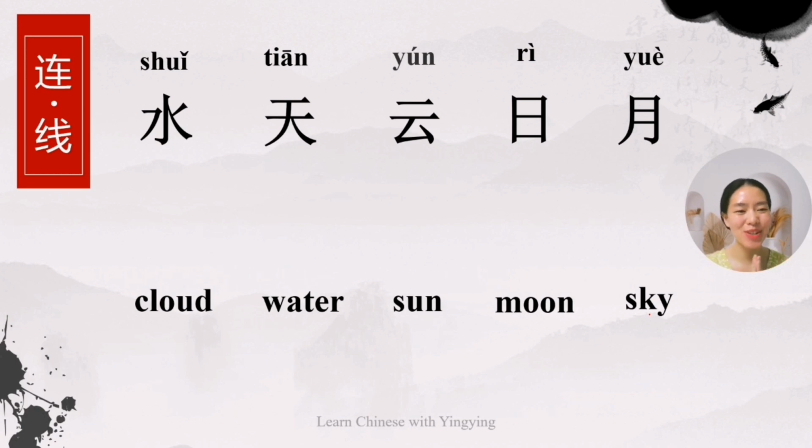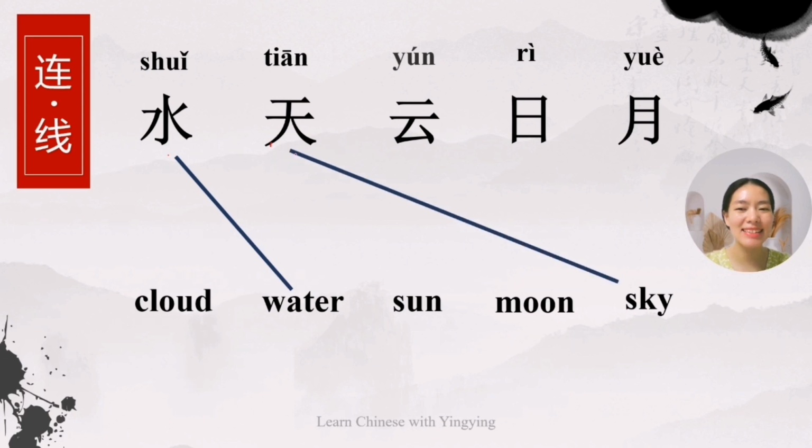Well, it's time to check your learning. Match the characters with their meanings. You can pause here when you are doing the test. If you are done, let's check the answers together. Okay, the first one, 水. 水, it means water. The second one, 天. 天, it means sky.